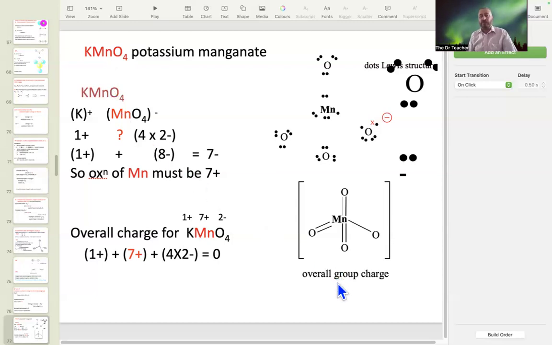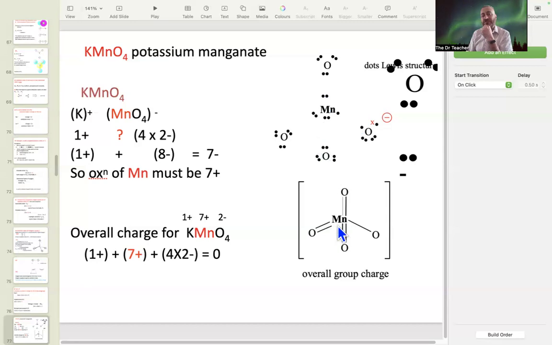And now you see the overall charge of the permanganate group should be minus 1. Here the manganese is surrounded by 7 electrons, 3 of them lone pairs, 1 of them single. This single electron forms a single bond with oxygen, but the others form double bonds.